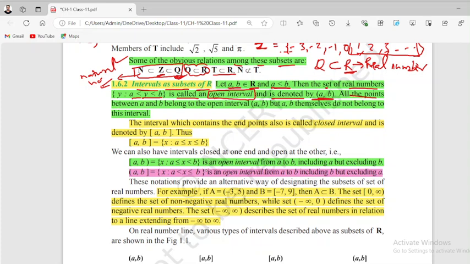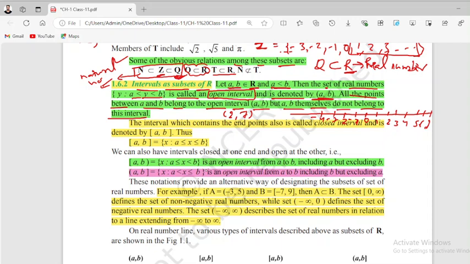All the points between a and b belong to the open interval, but a and b themselves do not belong to this interval. Suppose for (a, b) we take (2, 7). When we represent these two points on the number line: 0, 1, 2, 3, 4, 5, 6, 7, and here minus 1, minus 2, minus 3, minus 4.